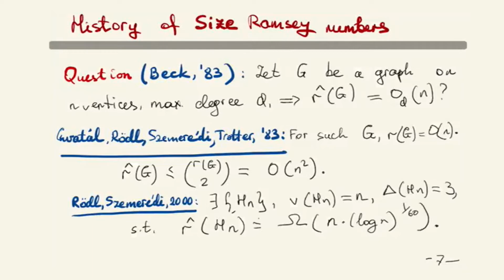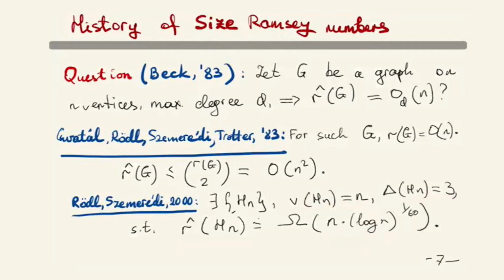What they showed is that there's a family of graphs denoted by H_n. These graphs have n vertices, maximum degree 3, and their size Ramsey number is n times log n to some power. So we cannot expect that every graph of bounded degree is going to have a linear size Ramsey number.